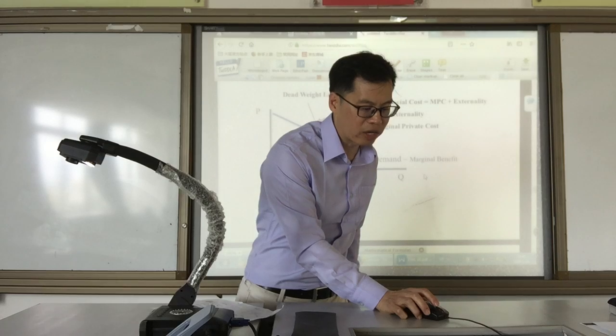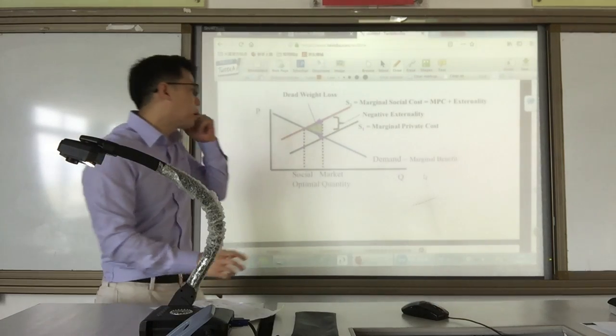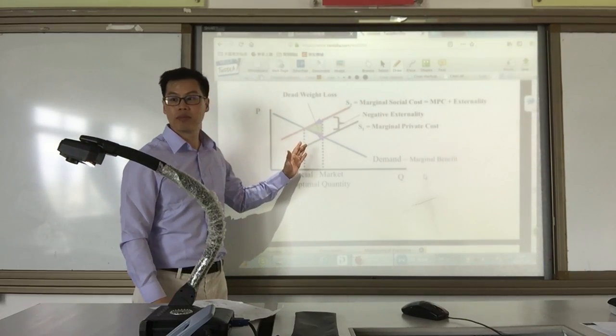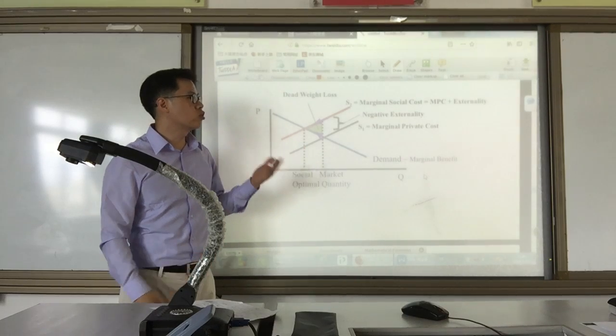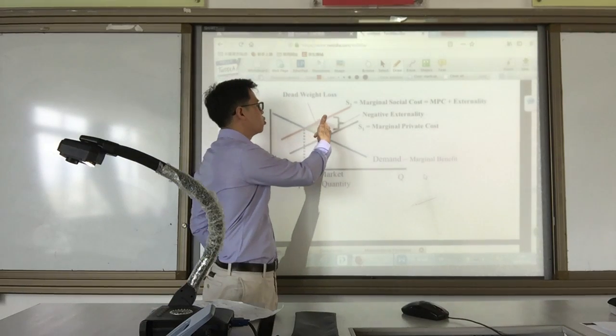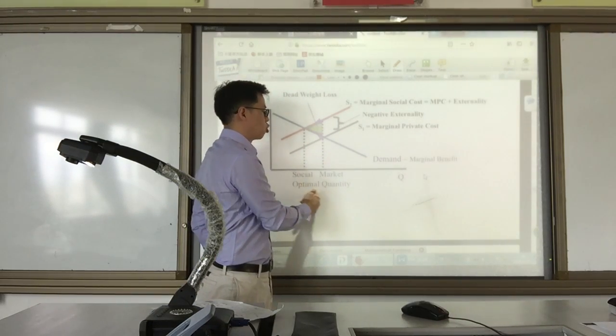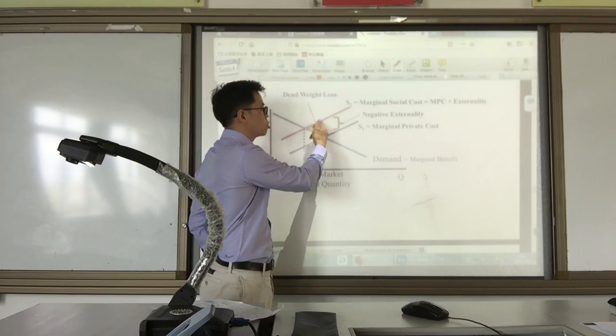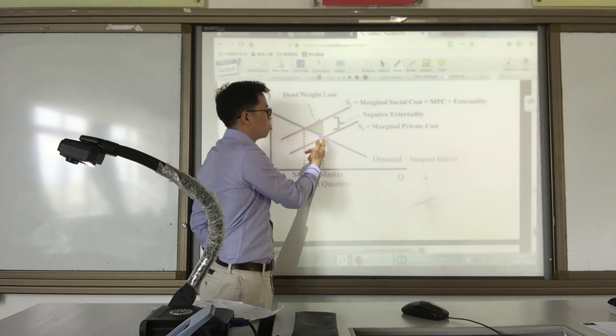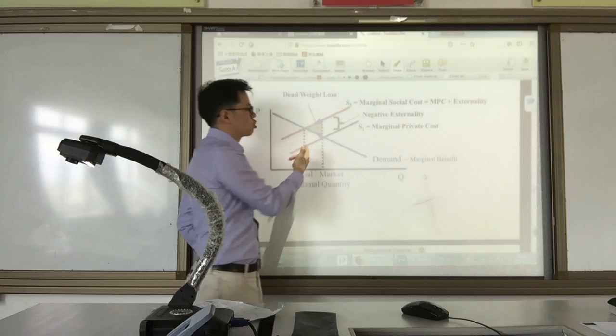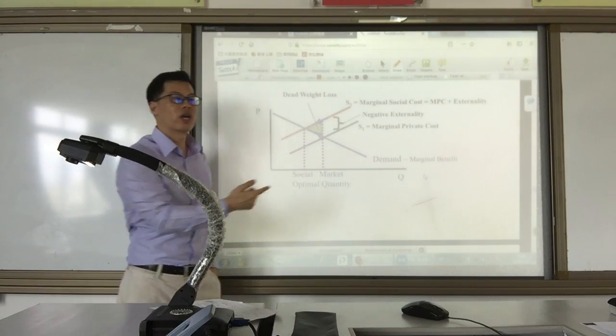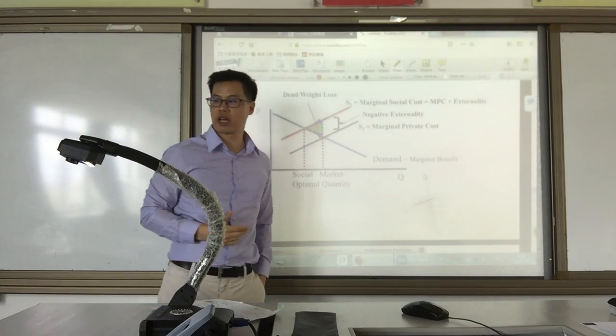And the problem that creates is overproduction, right? So the solution is we need to bring it back to socially optimal. So we need to reduce the marginal social costs. We need to increase the marginal social benefits, okay? And eventually the two will intersect.